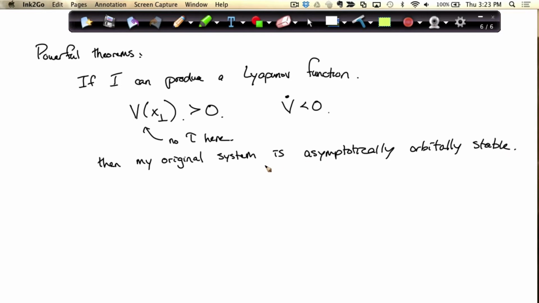So specifically, if I defined x perp to be this metric that I was talking about before, then I'm going to have orbital stability. If you remember, limit cycle stability, orbital stability, meant that that went to 0.